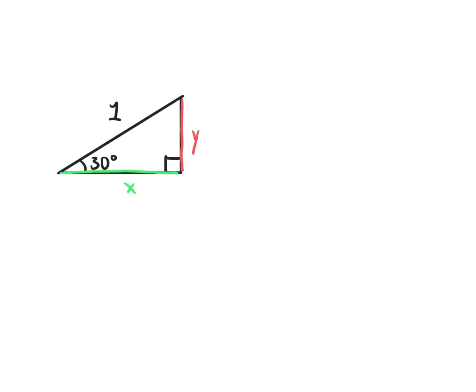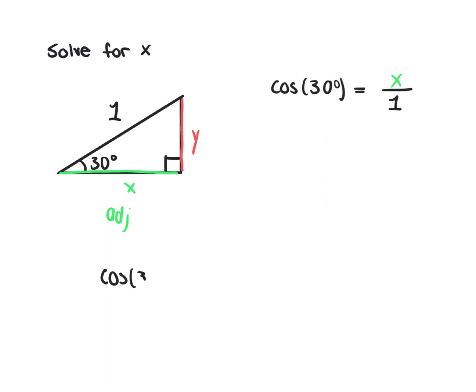So if I was interested in knowing to solve for x, we could set up an equation using trig functions. So we would do cosine of 30 degrees equals, because we have cosine of 30 degrees, x is our adjacent side, so it'll be x over 1. And anything divided by 1 will just be itself. So what we find here is that cosine of 30 degrees is x.